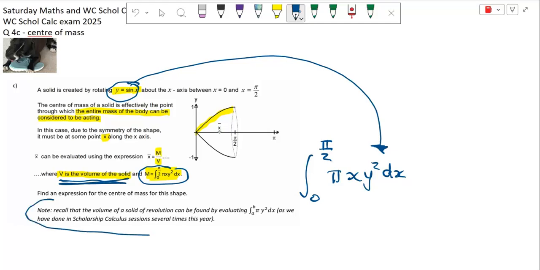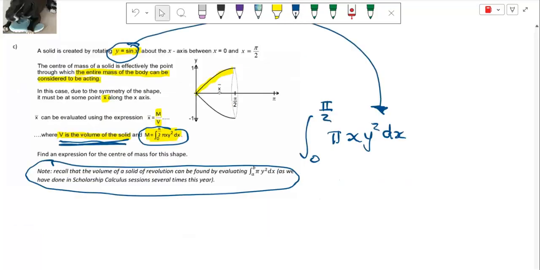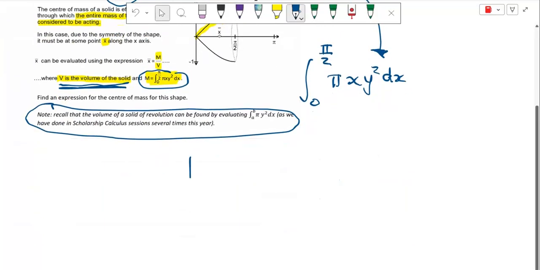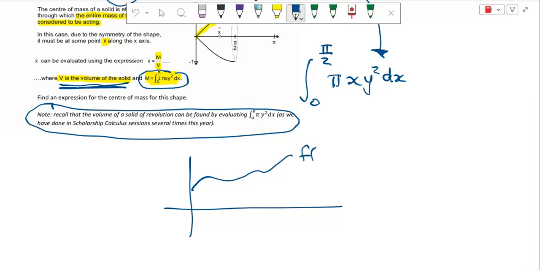So I put this note in for us this year, just to remind you how we find the volume of a solid. I'm going to go over that again now. Suppose that these are my axes, and this is my f of x curve. Well, the volume of the solid is going to look something like this. Oh, I can't draw upside down, but you get the idea, right? So remember that what we're doing when we find the volume of that is we're adding up a set of discs.